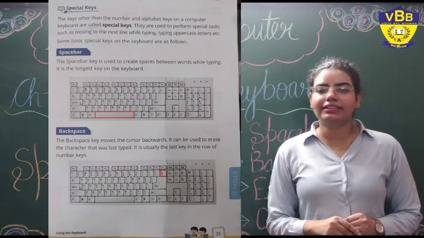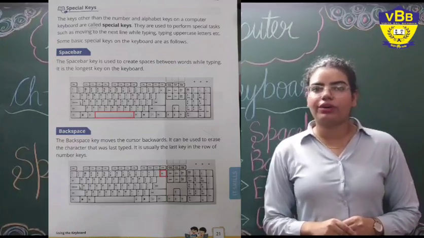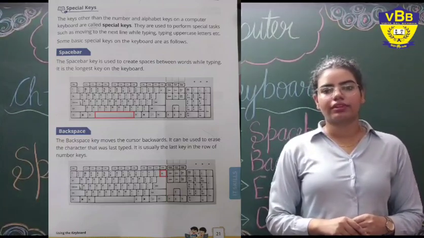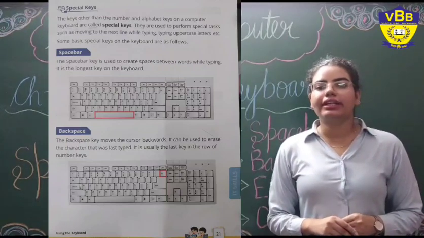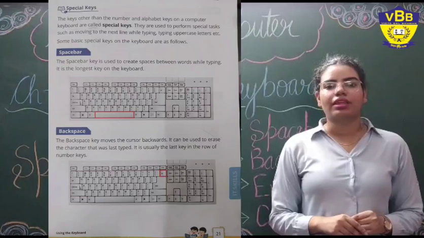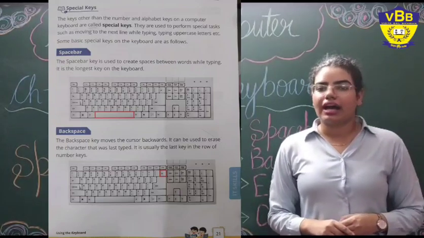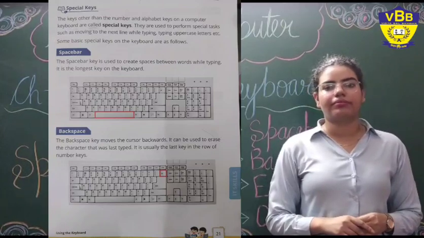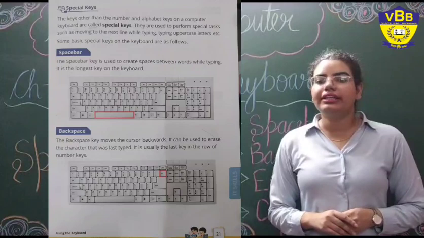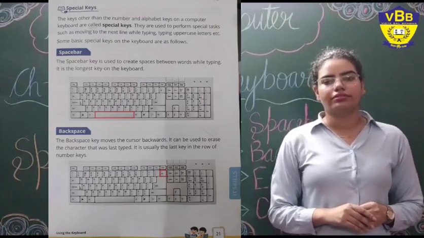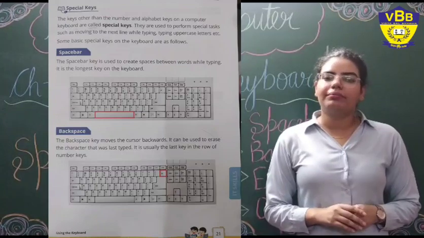The backspace key moves the cursor backwards. It can be used to erase the character that was last typed. It is usually the last key in the row of number keys.